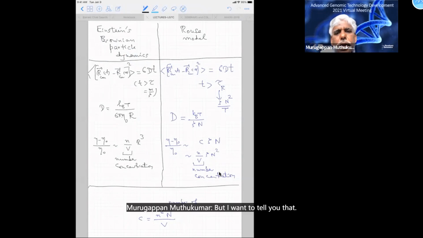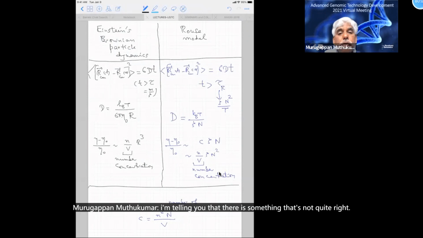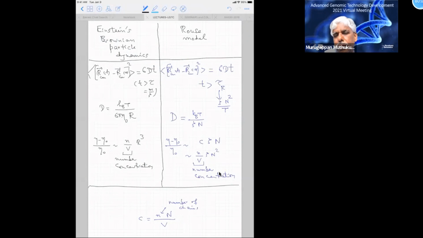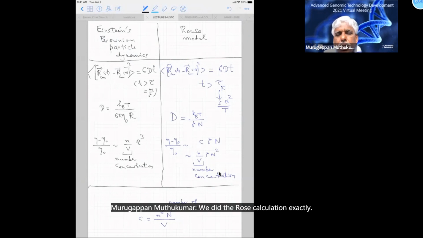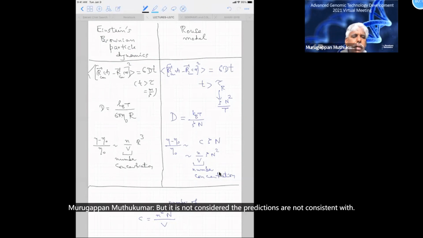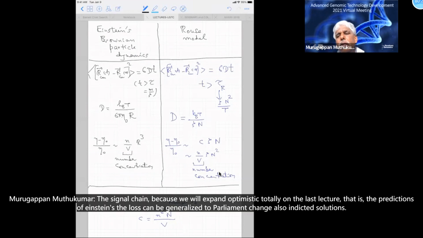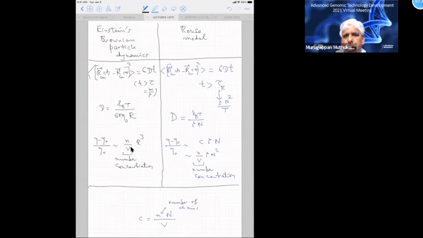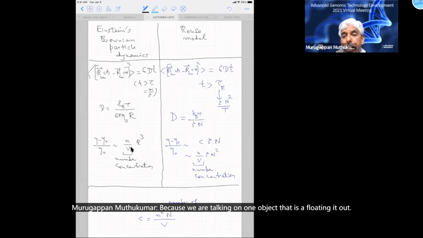But I want to tell you that there is something that's not quite right. We did the Rouse calculation exactly, but it is not consistent. The predictions are not consistent with a single chain, because I told you in the last lecture that the predictions of Einstein's laws can be generalized to polymer chains also in dilute solutions, because we are talking about one object that is floating around.